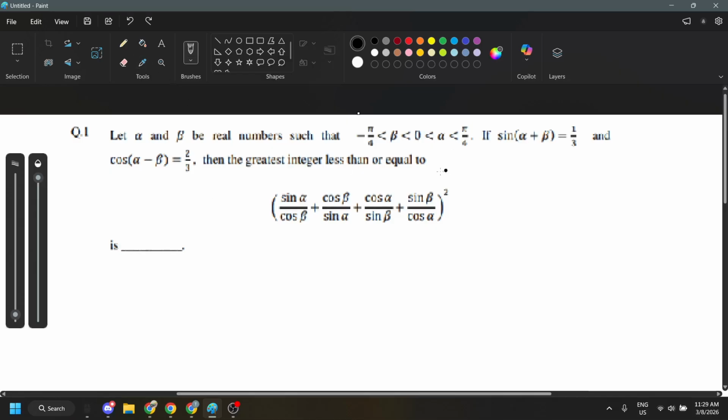So we know that beta is between negative pi over 4 and 0, and alpha is between 0 and pi over 4. So sine of alpha plus beta equals 1/3.